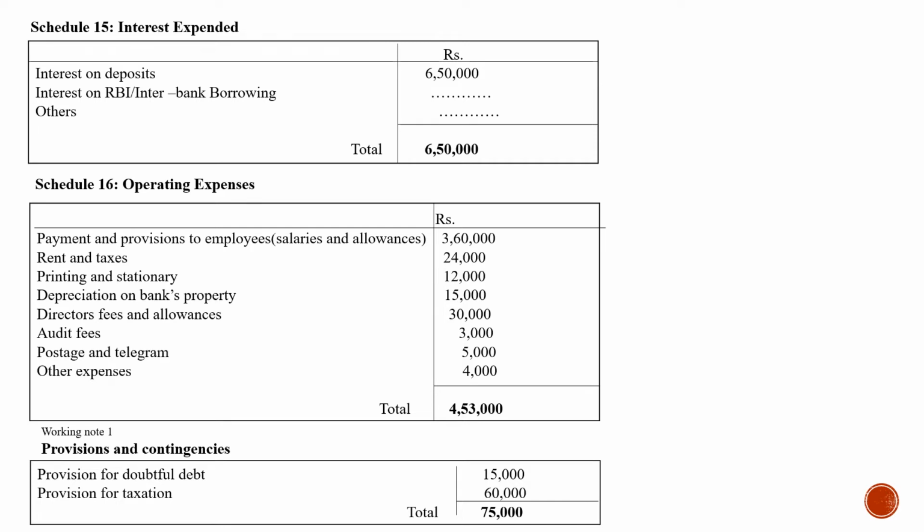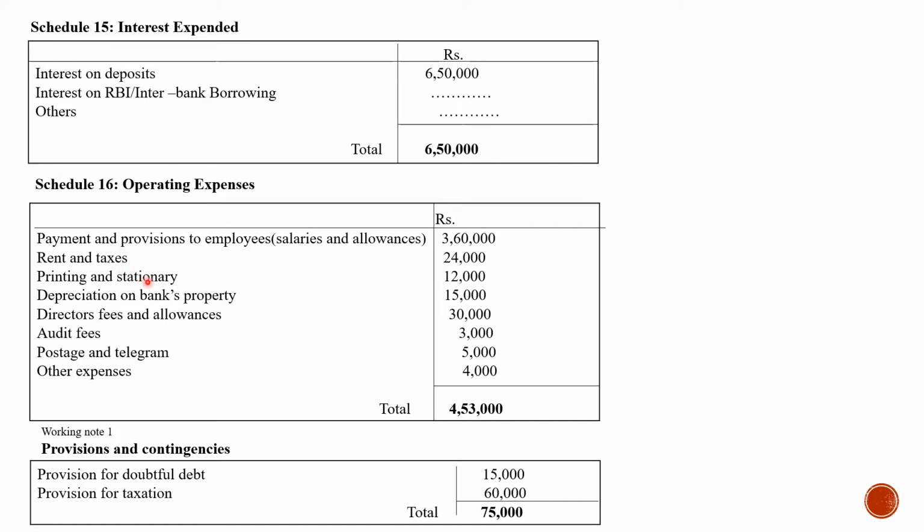Then schedule 15 deals with interest expended. You have interest on deposits, which is 6,50,000. Interest on RBI borrowings and other related information has not been given in your question, so you total up, and the final figure is 6,50,000. Then coming to schedule number 16, which deals with operating expenses, you have salaries and allowances of 3,60,000, which you record here.